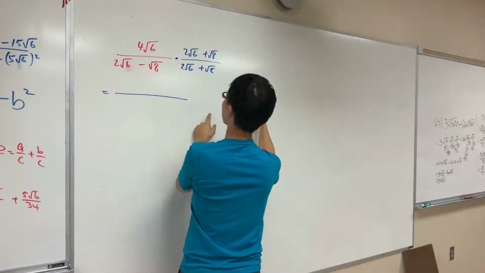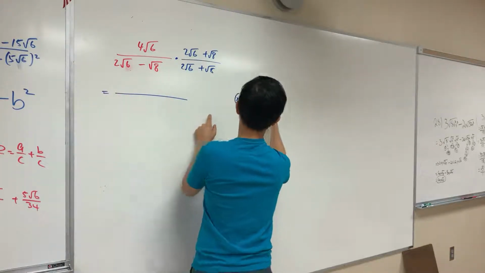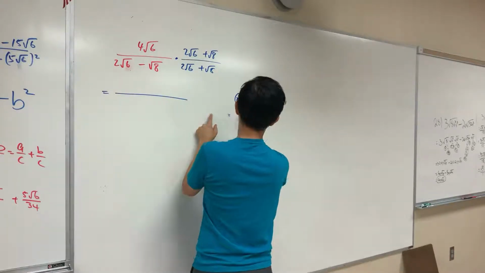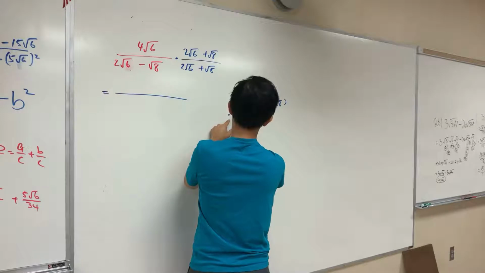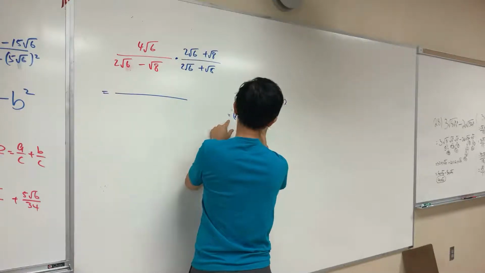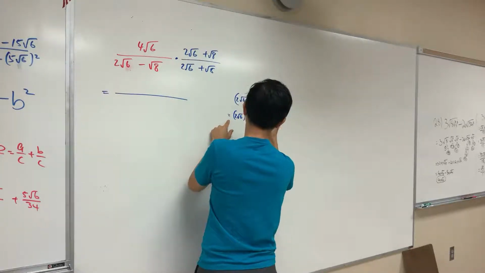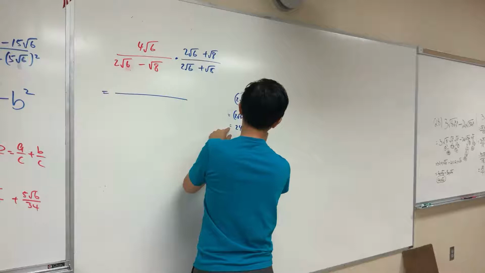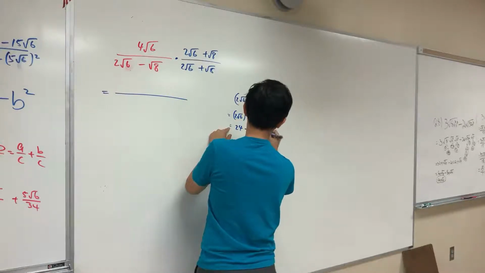2 square root of 6 minus square root of 8 times 2 square root of 6 plus square root of 8. I know my answer is 2 square root of 6 squared minus square root of 8 squared. So that's equal to what? 4 times 6, 24, right? 24 minus 8, that's equal to 16.